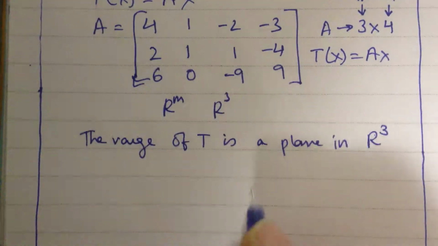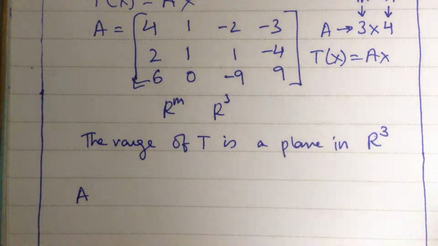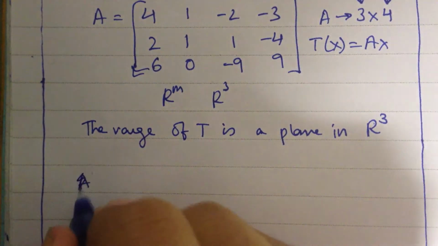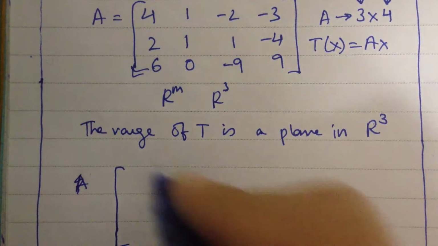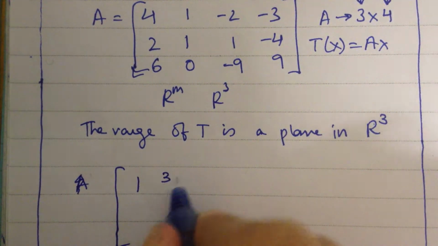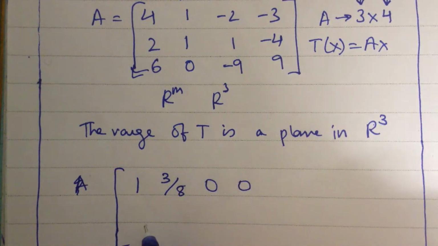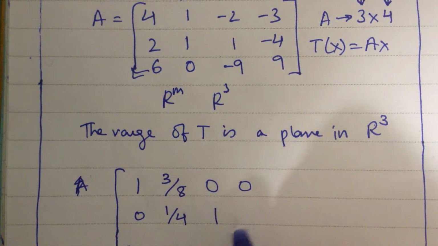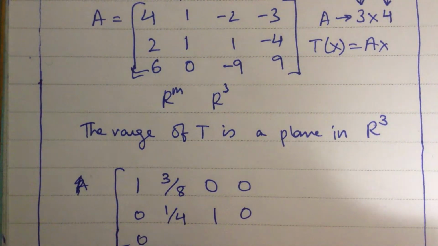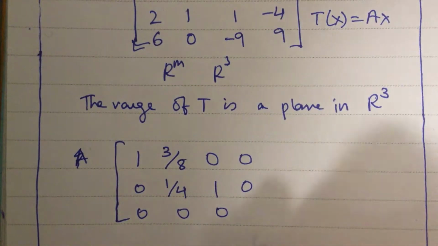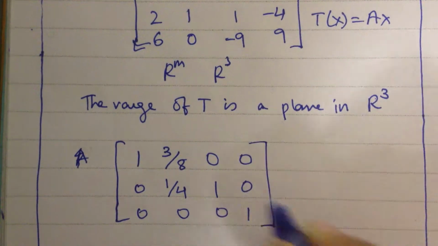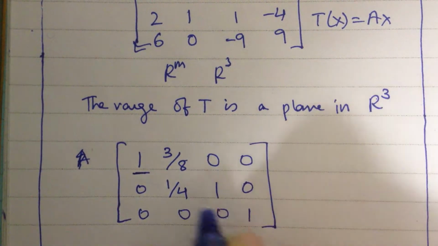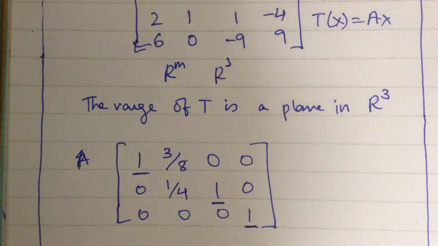So to row reduce this, we would actually get, which I have solved from before, a matrix 1, 3/8, 0; 0, 0, 1; 1/4, 1/4, 1, 0; and 0, 0, 0, 1. So here we can see that the pivotal columns are the first, the third, and the fourth.